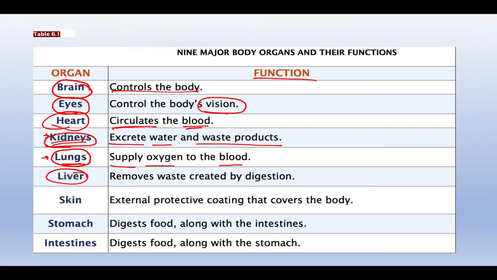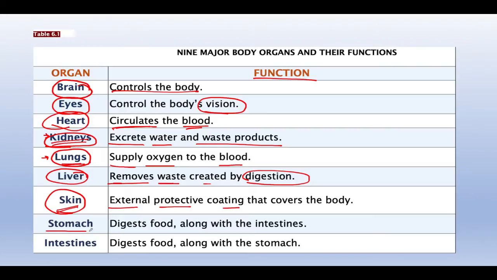Then we have the liver as one of the key body organs, which removes waste created by digestion. Skin is one of the largest organs in our body, and it is the external protective coating that covers the body, also called the integumentary system. Organs create systems, and the skin is an organ. We'll get into body systems after this.